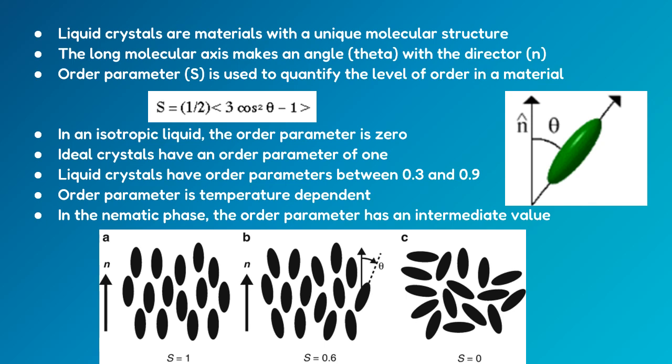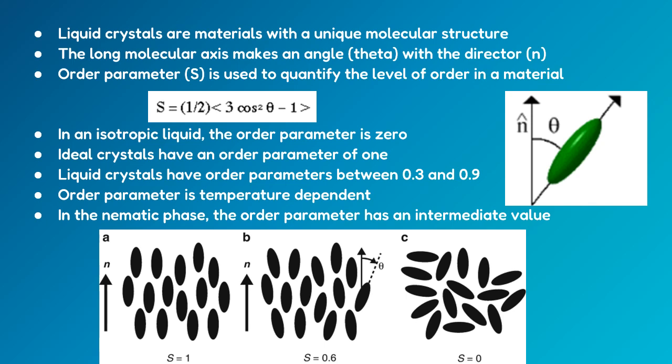In an isotropic liquid, the order parameter is 0. As you can see here, isotropic liquid has a random orientational order. Therefore, the average term will give us 0. Similarly, in ideal crystals, we have order parameter of 1 because in ideal crystals, the rods are perfectly aligned and there is no randomness in the orientation.